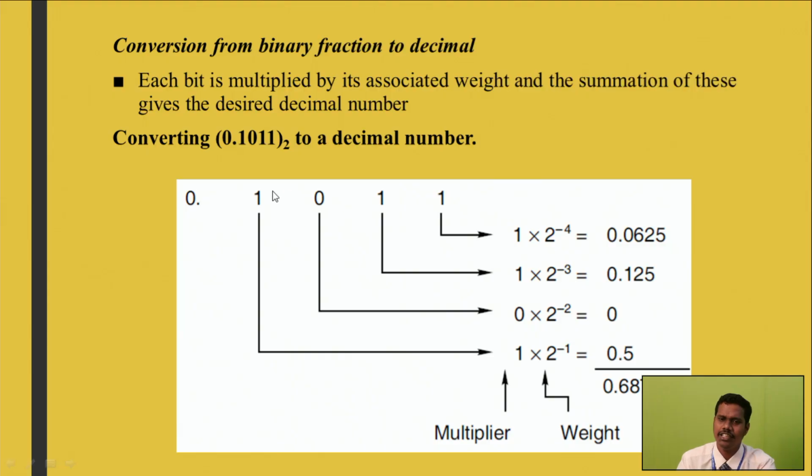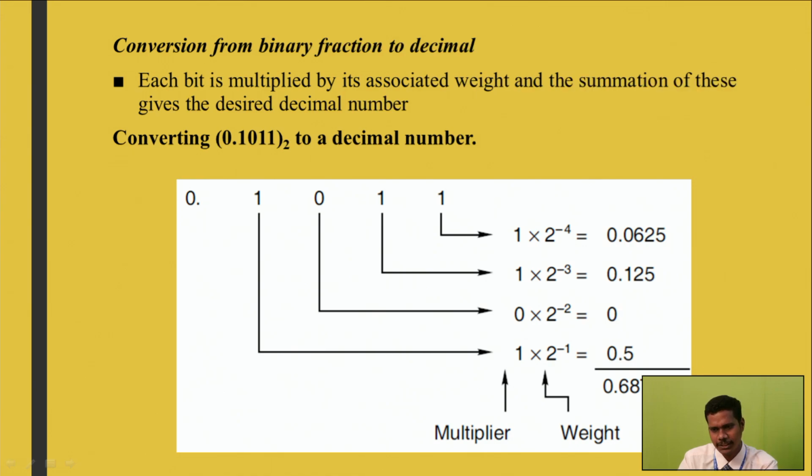Here we have a binary value 1 at position minus 1, so 1 into 2 power minus 1 gives 0.5. The next digit is 0, so 0 into 2 power minus 2 gives 0. The next position is 1, so 1 into 2 power minus 3 gives 0.125, and the next position is 1, so 1 into 2 power minus 4 gives 0.0625.